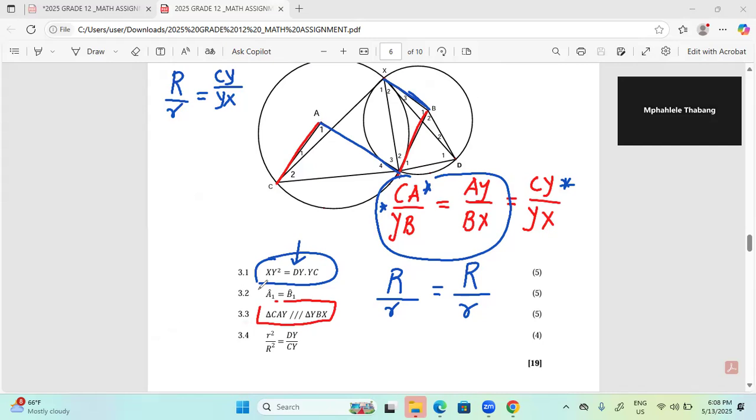CA over YB equals to AY over BX equals to CY over YX. And I believe my first step should be right. So CA, which is capital letter R, YB, which is small letter r. So capital letter R over small letter r, I need it.